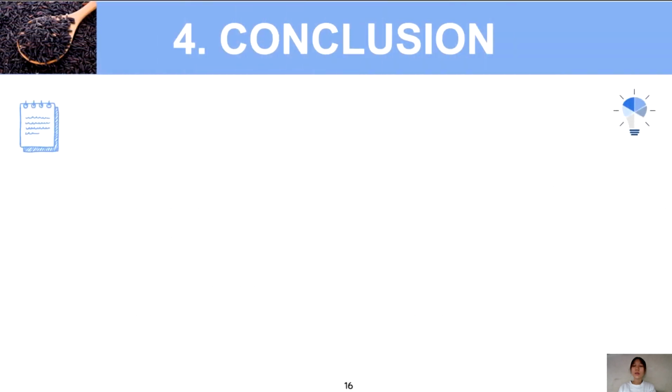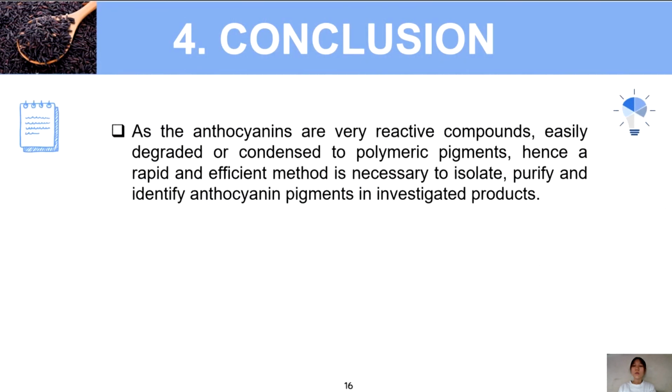And my next point is conclusion. Through the previous part, we can see anthocyanins are very reactive compounds, easily degraded or converted to polymeric pigments. Therefore, a rapid and efficient method is necessary to isolate, purify, and identify anthocyanin pigments in investigated products.